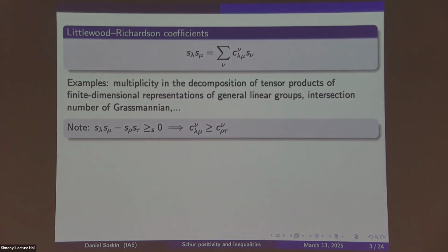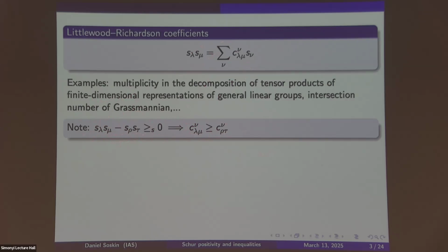Here we have the definition of Littlewood-Richardson coefficients, which are structure coefficients for this linear basis. We know that they are non-negative. It's from the Littlewood-Richardson rule. And here I look at some pairs of two Schur functions given by four different partitions. And if I have such an inequality, then I know from the definition that for any nu, for this fixed lambda, mu and rho, tau, I have the inequality.